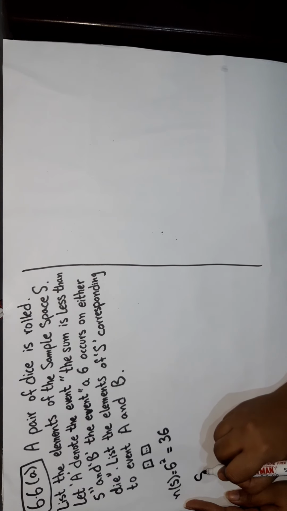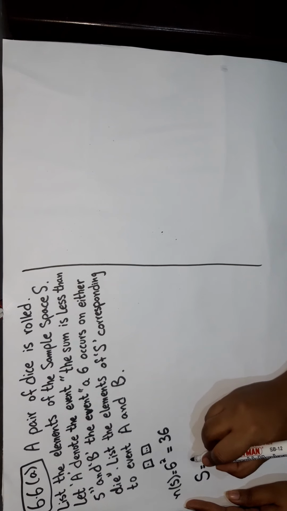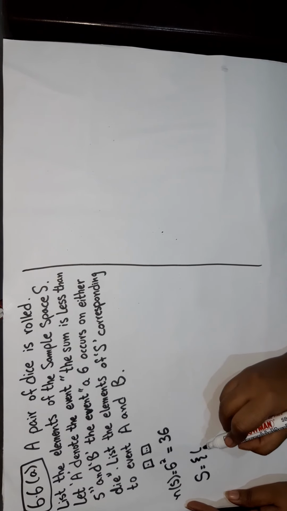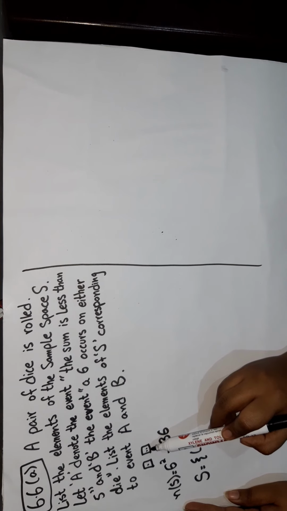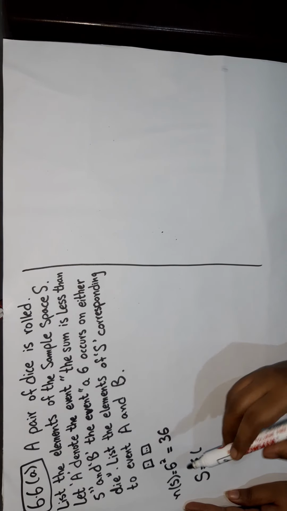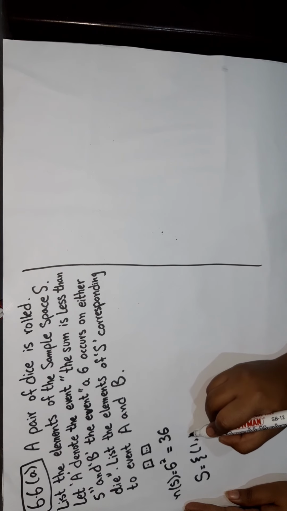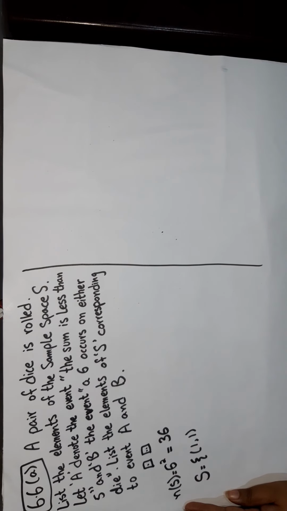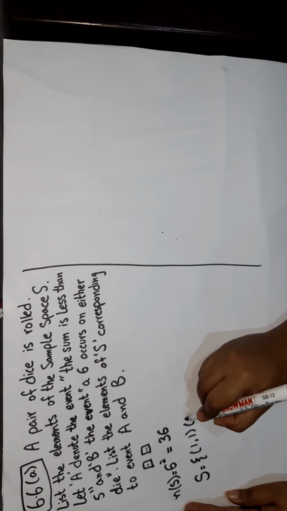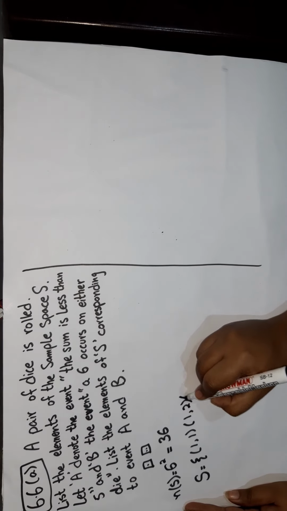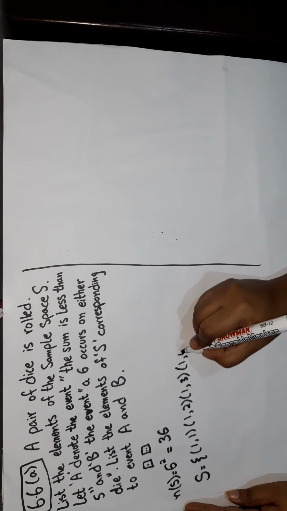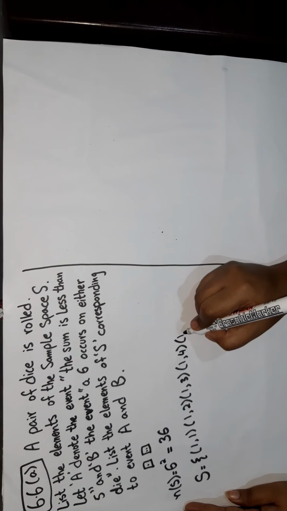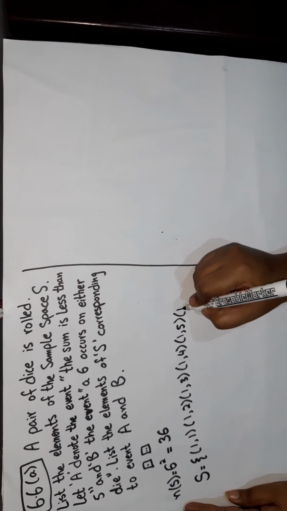Now we all know that the sample space is represented by S. How will we write it? First of all, we write the first possible item that can occur on the first die and the second possible item that can occur on the second. So it is possible that 1 occurs on each die, then 1 2, then 1 3, then 1 on first and 4 on second die, 1 5, 1 6.